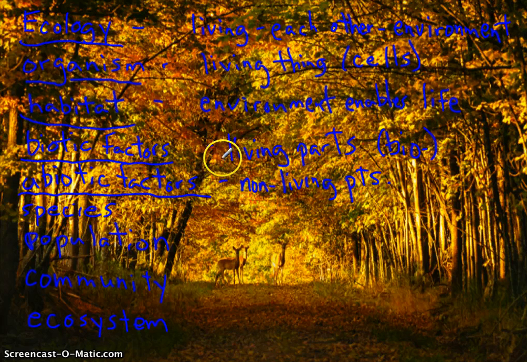Plant photosynthesis, for example, is dependent upon abiotic factors, just as we are dependent upon abiotic factors, and we're dependent upon that plant photosynthesis.